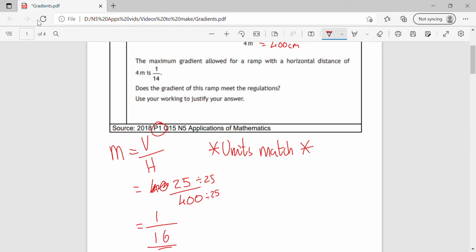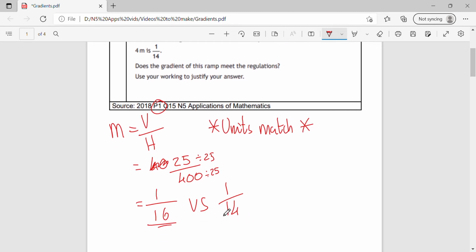We've got a gradient of 1 over 14 that it is not allowed to be bigger than. And actually, although the denominators are not the same, hopefully we can recognise that 1/16 is less than 1/14. Okay, although the denominator is bigger on the bottom, it's 1/16, so it's been split into 16 parts.